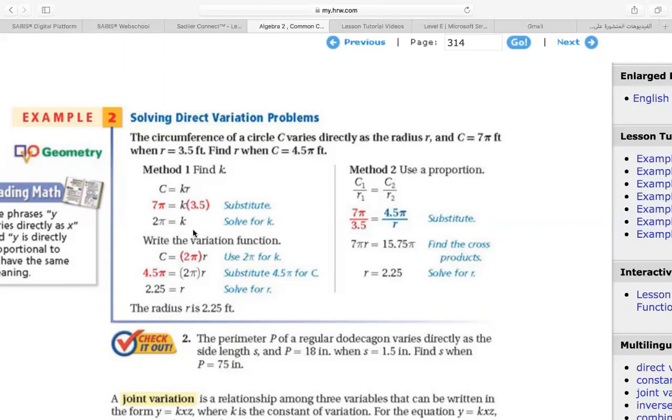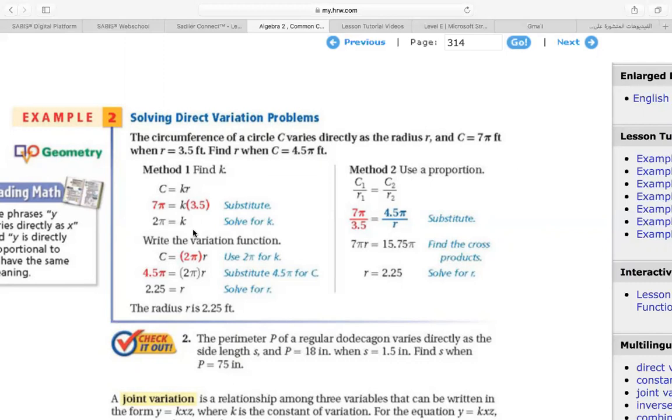And C is equal to 7 pi feet when r is equal to 3.5 feet. Find r when C is equal to 4.5 pi. Again, there is a direct variation between C and r.